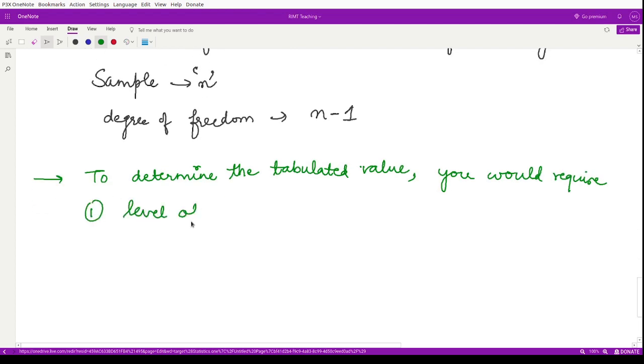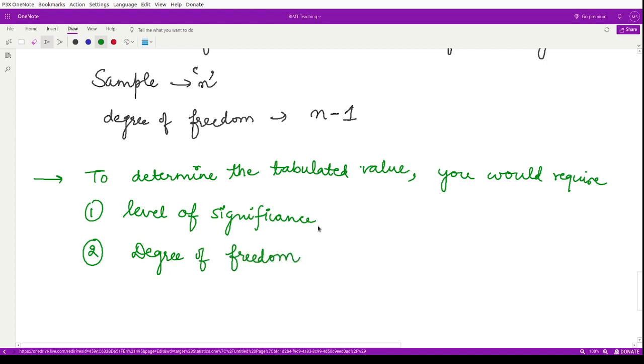You would have to specify this level of significance at the very start of the problem if it is not mentioned in the problem given to you. The second thing required is the degree of freedom. Based on these two things, you will determine your tabulated value, and accordingly you will have your critical region.